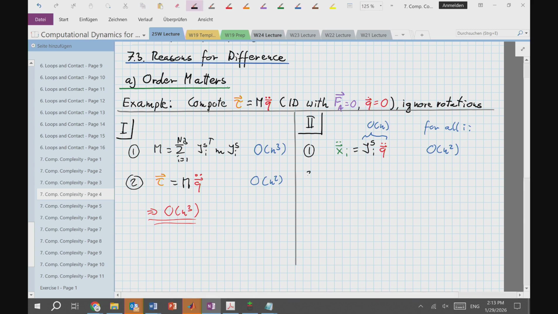Then, next step, based on these accelerations, I compute my D'Alembert forces, in this case my change of linear momentum, which is simply mass times acceleration. What's the computational complexity of that step?